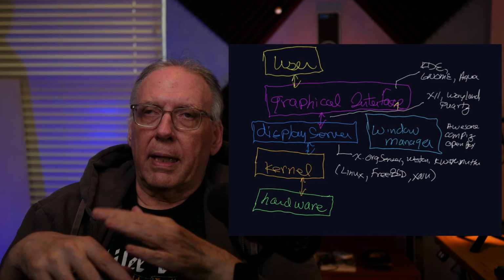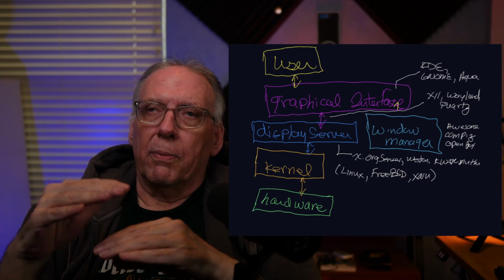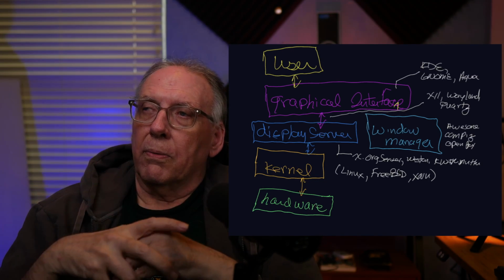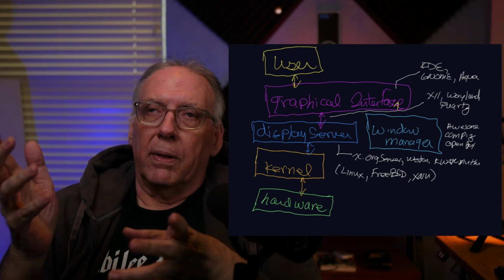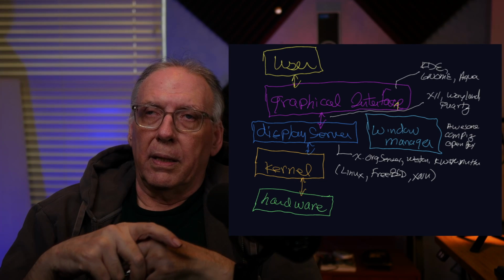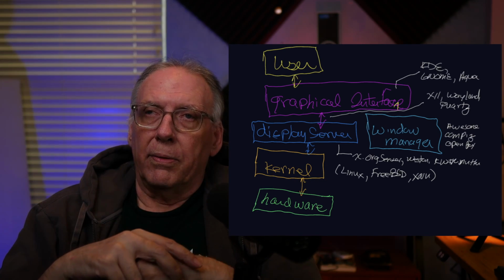The first desktop environment was, of course, the Xerox Alto in 1973, and then popularized by Apple's Macintosh in 1984. So how does this thing look? Let's look at it from the bottom up. You have hardware with your operating system kernel running on top of that. That can be Linux or FreeBSD or GNU Unix, which is the one that Apple uses.